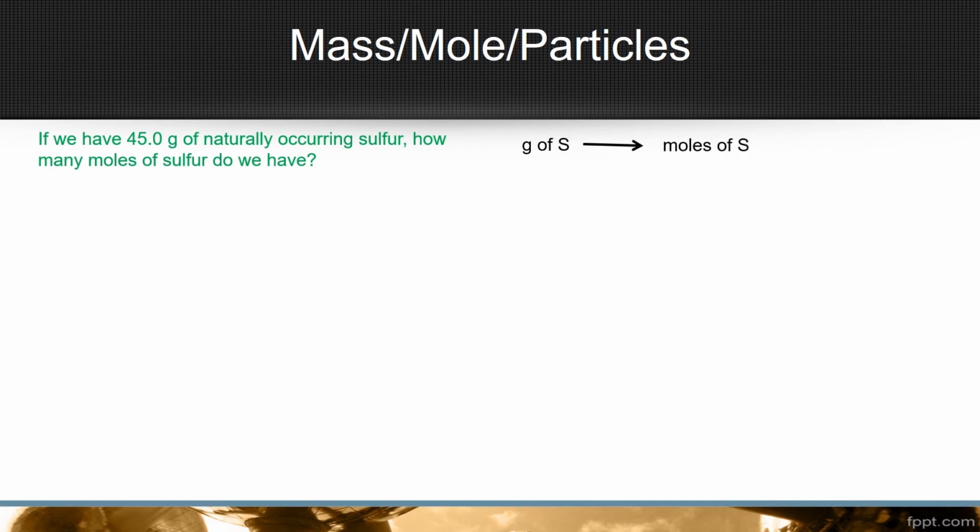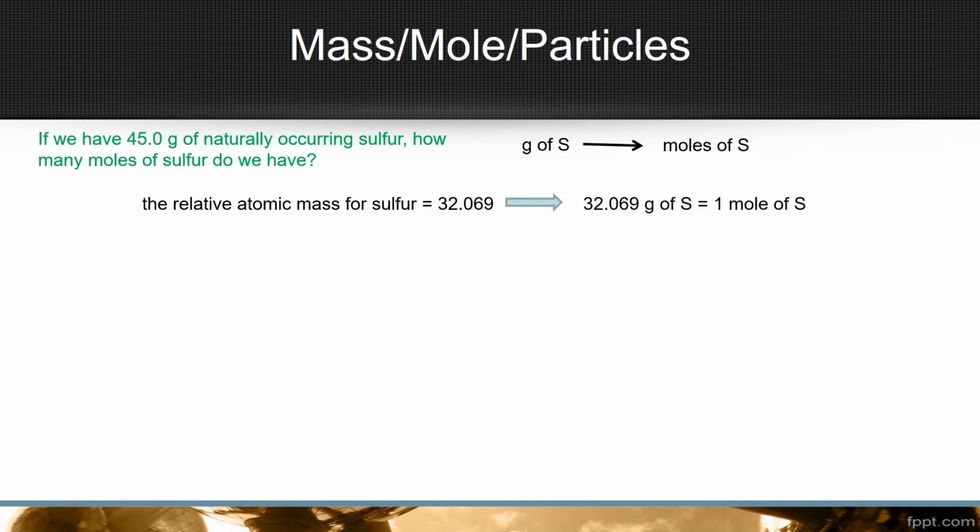Now, we need the link between grams of sulfur and the moles of sulfur. Looking at the relative atomic mass of sulfur in the periodic table, we see that the number is 32.069, and we know that we can interpret the value as 32.069 grams of sulfur equals 1 mole of sulfur. There is the link we need.